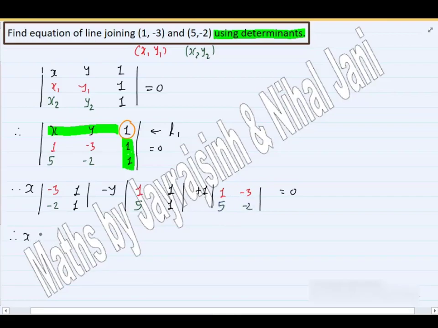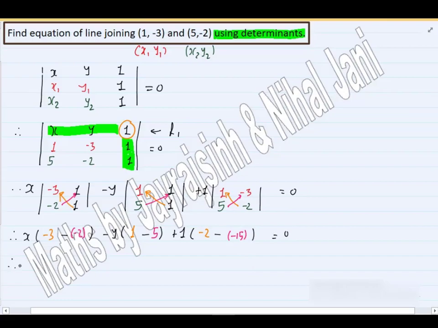Let's cross multiply. Here we multiply 1 with minus 3, which gives minus 3, then minus 2 1s are minus 2. Then minus y stays as it is, 1 1s are 1, minus 5 1s are 5, and finally plus 1, minus 2 1s are minus 2, minus 5 minus 3s are minus 15, is equal to 0.